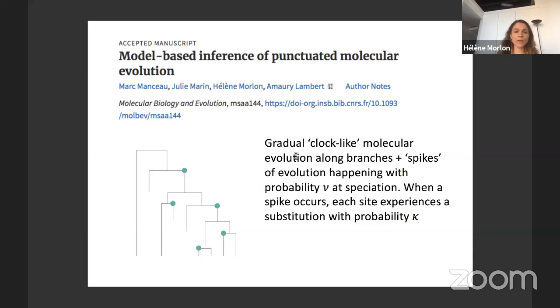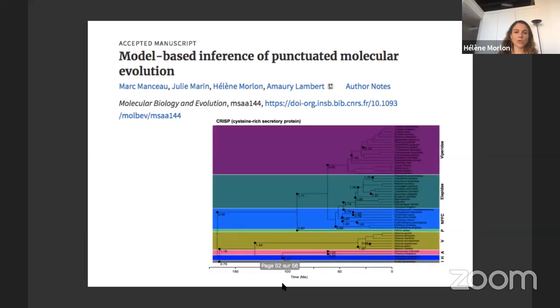This process, we can also put together an inference machinery, a Bayesian machinery to fit it to data. And here that's what we did on genes that code for venom evolution in snakes. And maybe you don't see too well, but the dots are places where it's been inferred that there's been a spike in evolution in these genes.